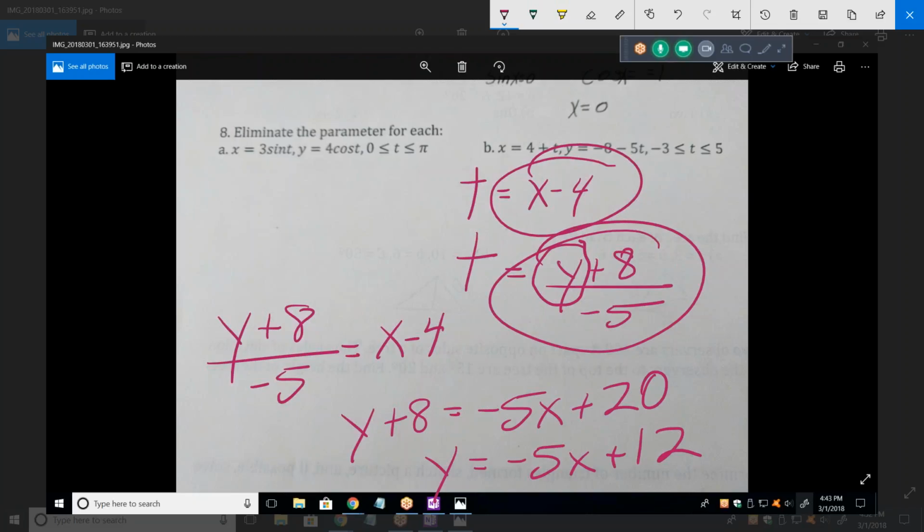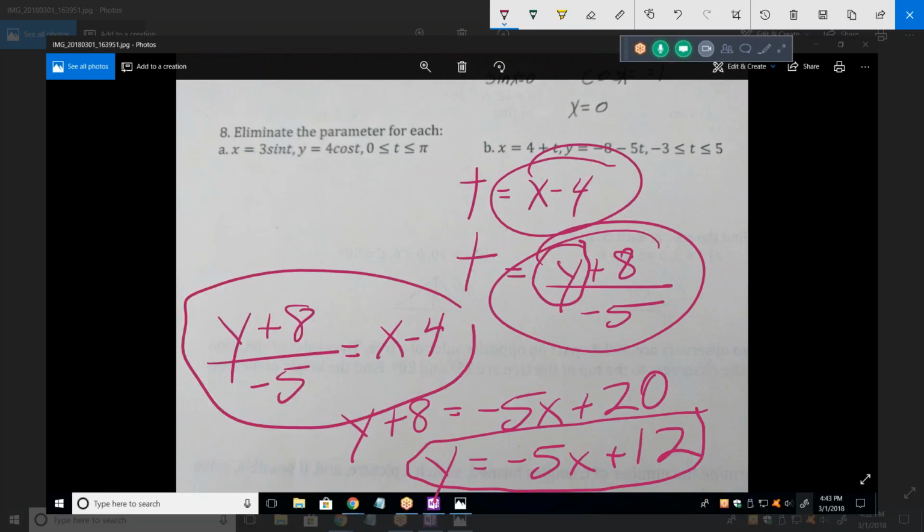So, there's nothing inherently more superior about that answer than that answer. He didn't give any instructions. He didn't say put it into y equal mx plus b format. He just said eliminate the parameter. So this should have been perfectly fine.